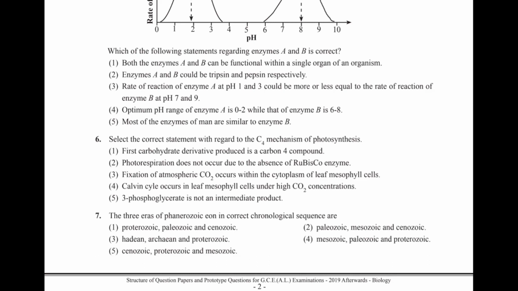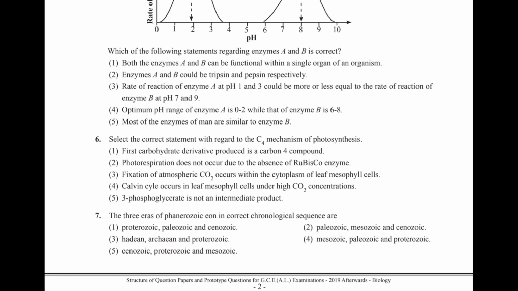First one, first carbohydrate derivative produced is a carbon 4 compound, right? In C4 mechanism, the first product is oxaloacetic acid, right? Oxaloacetate or OAA. It is a 4-carbon compound, right?